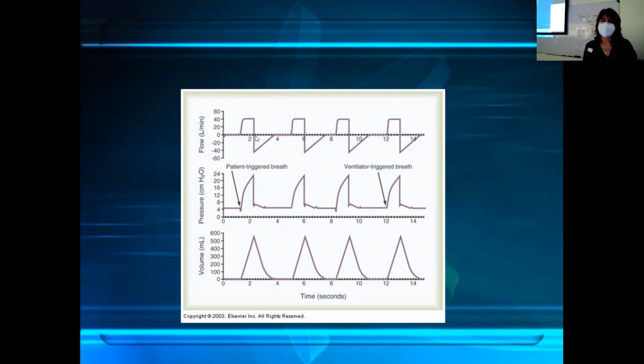So what part ends inspiration? Like right here. This is all one point on the time graphic. So not only is inspiration ending, but exhalation is beginning. Did that answer your question or no?